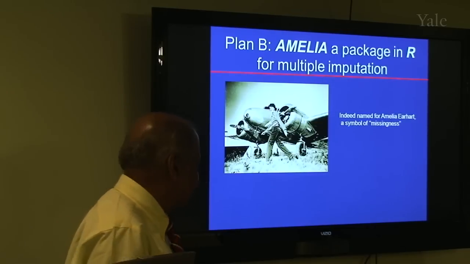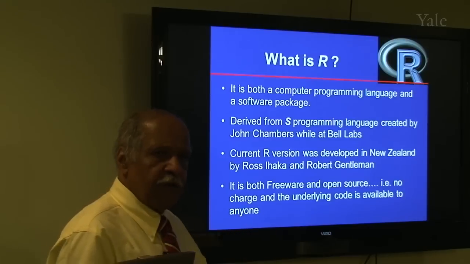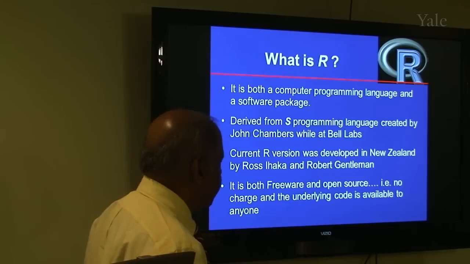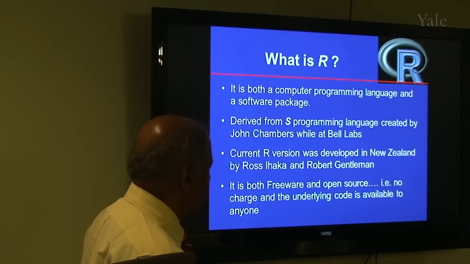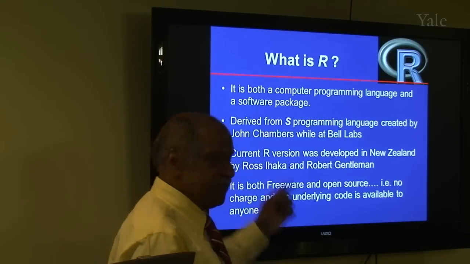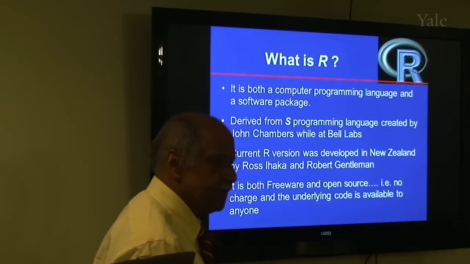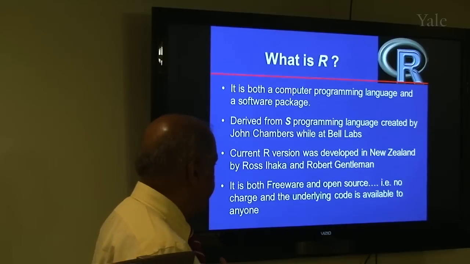I always thought that's a bit dark, but do all of you know what R is? Yes? Okay, well, briefly, it's both a program and a software package. It's derived from the S programming language created by John Chambers, who is not the same John Chambers, the chairman of the board, the very prominent Republican donor.